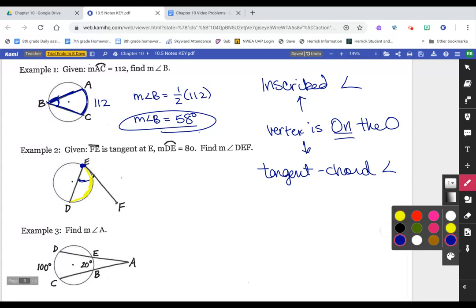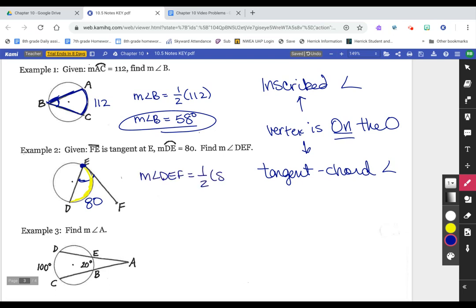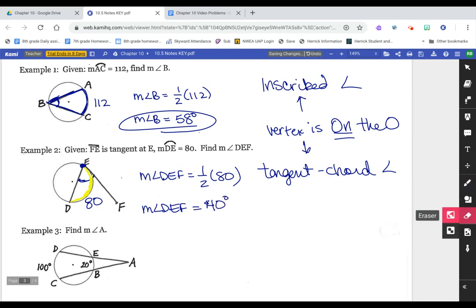It tells you, given that FE is tangent at E, the measurement of arc DE is 80. So the measurement of angle DEF is 1/2 of 80, which means angle DEF is equal to 40 degrees. All right, so that's that one rule.